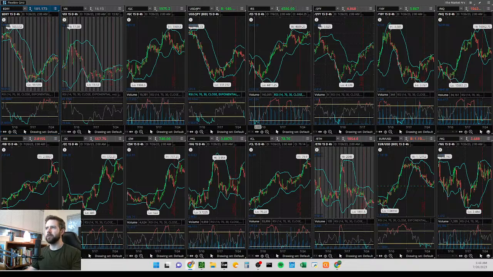Alright, so what I am doing on the other screen is coming up with some quick options market information. Do I want to show you guys any of this? How do I want to show it?